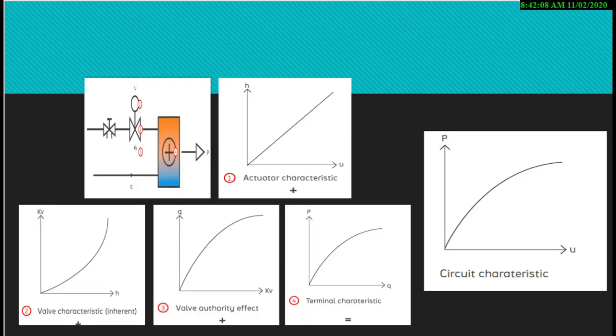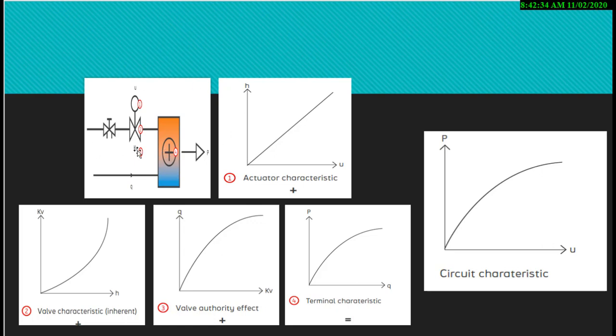So as we see here, this is a hydronic circuit. We have the balancing valve, which has the actuator, the valve, and the valve authority, and the terminal characteristic.